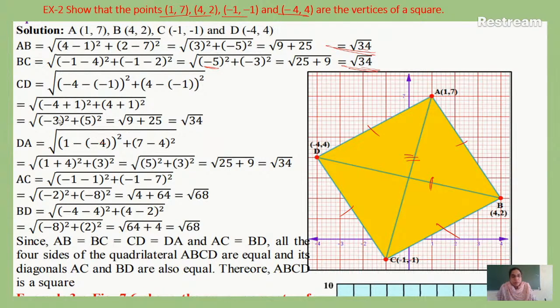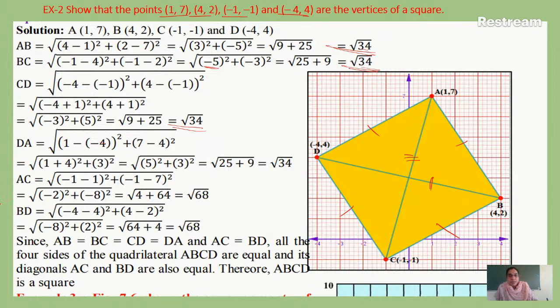If you solve it, minus 4 plus 1, because minus into minus is plus, minus 4 plus 1 whole square plus 4 plus 1 whole square. If you solve, you will get minus 3 whole square plus 5 square. That is 9 plus 25, again root 34. CD also we got root 34.